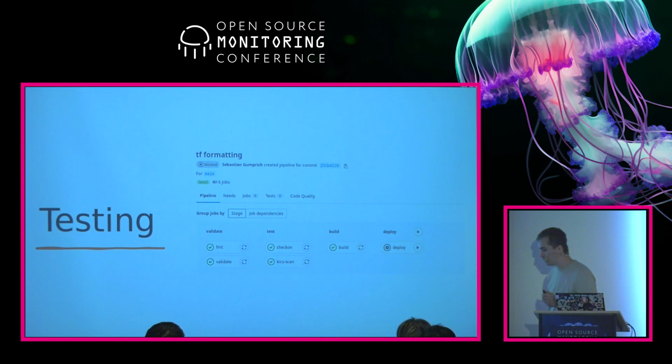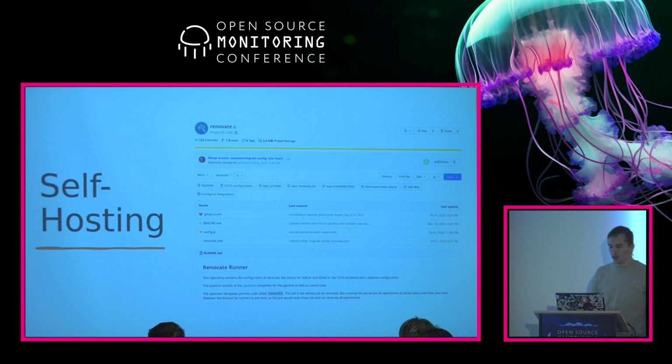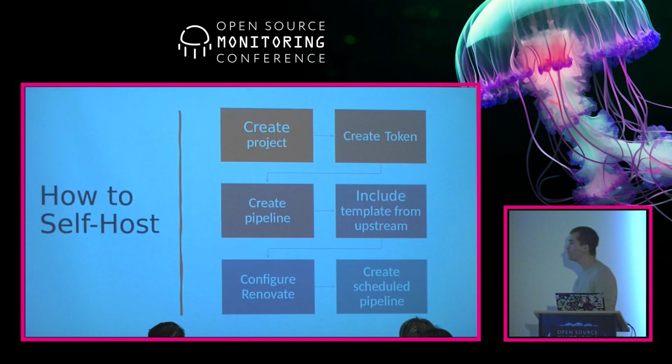Let me quickly talk to you about how we use Renovate as a service, because like I said in the beginning, it's licensed under AGPL, and we can self-host it, and as you probably guessed, we do self-host it for our internal GitLab instance. And doing this is pretty easy.